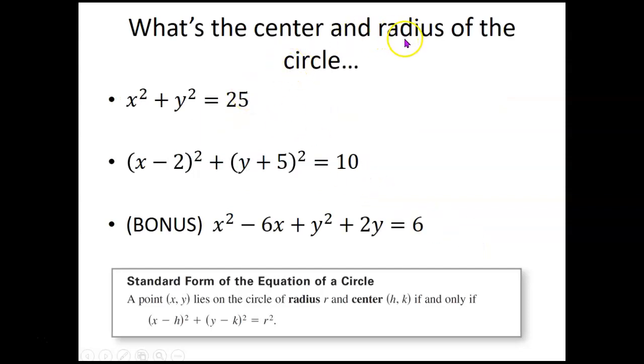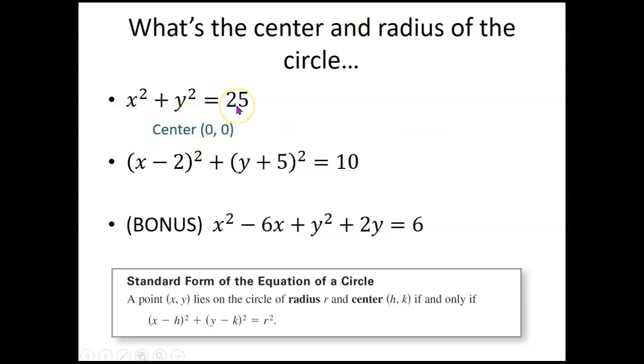So what's the center and radius of the circle x squared plus y squared equals 25? We've actually seen that one before. Here, instead of x minus some other number being squared, it's just x by itself that's squared. It's x minus 0 squared, and you have a y minus 0 squared. So the center point of this circle is the point (0, 0).